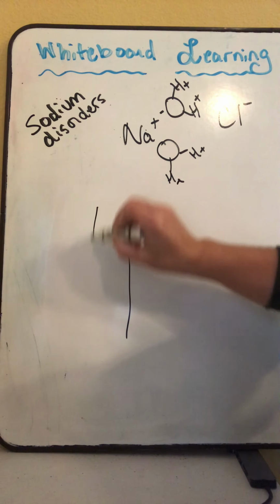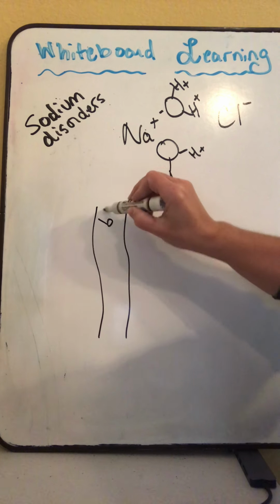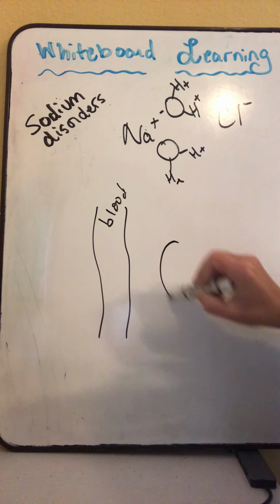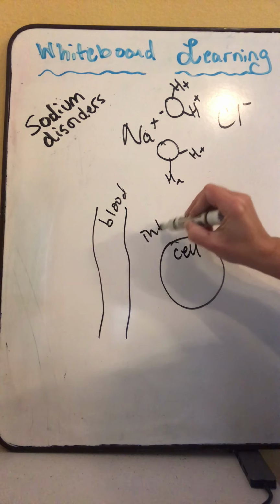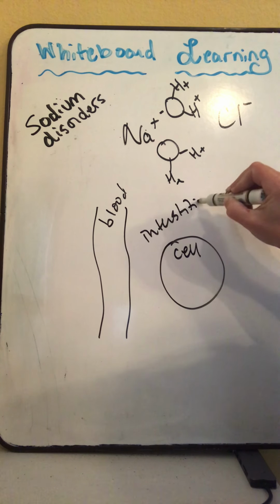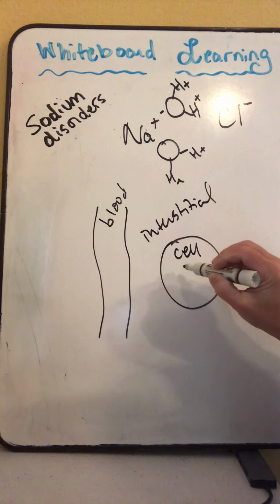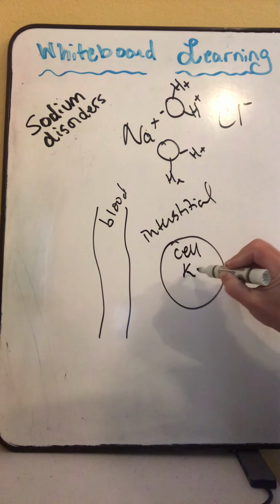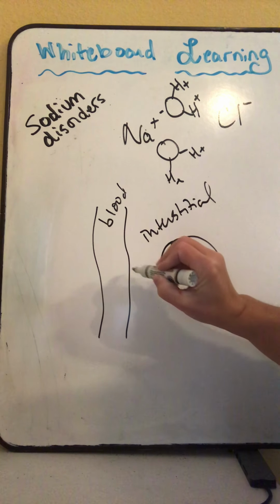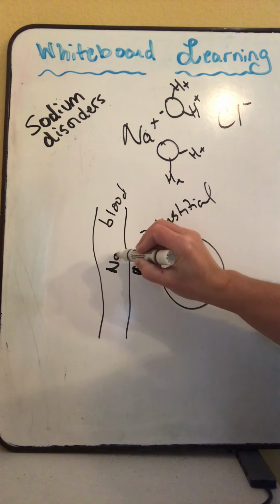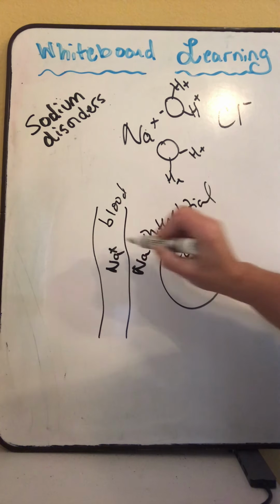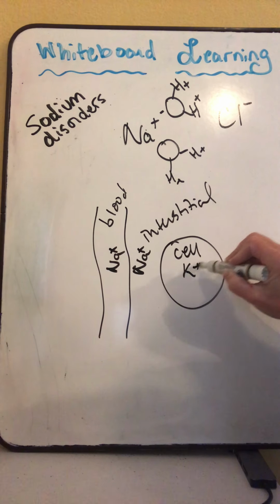So remember that the blood vessel is here, and then you have cells here, and then this is the interstitial fluid. Remember we talked about that. And so this milieu in here is mainly potassium, and then out here is mainly sodium, as far as the major cation or positively charged item.